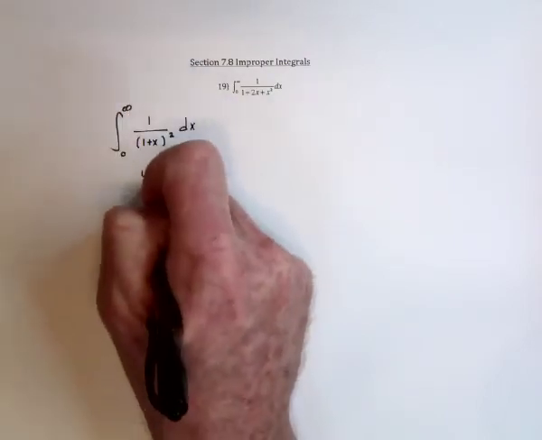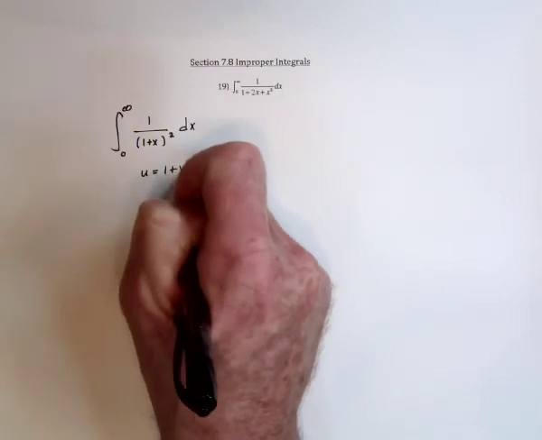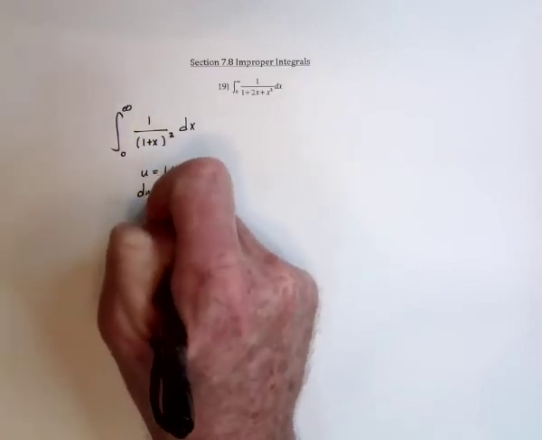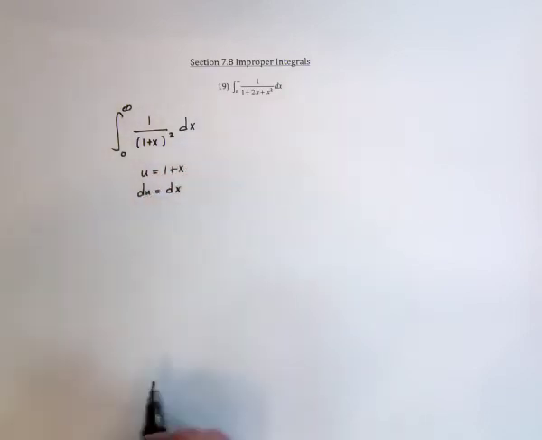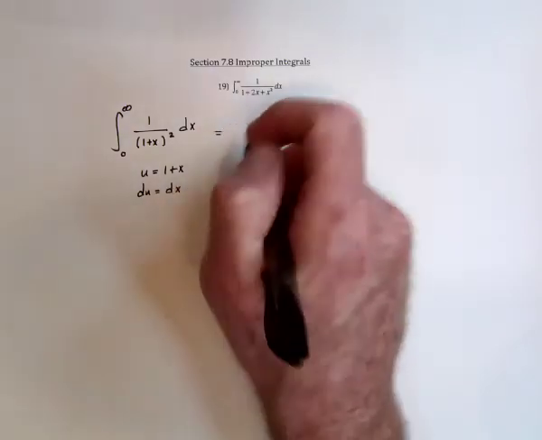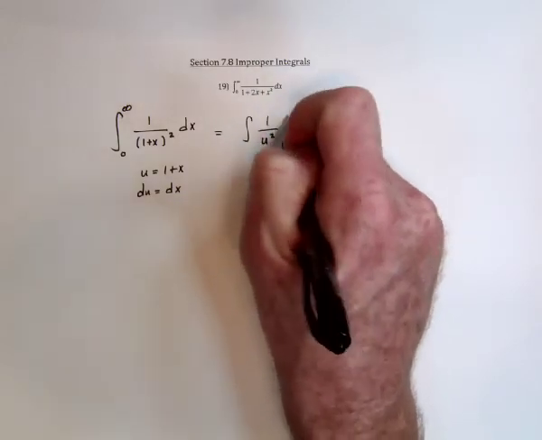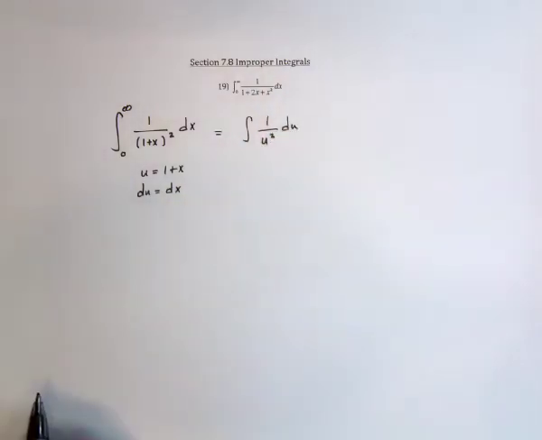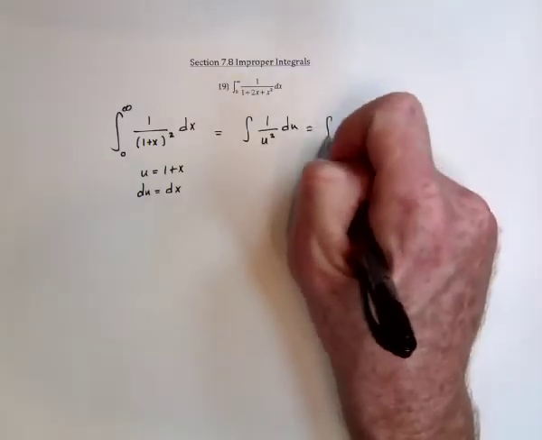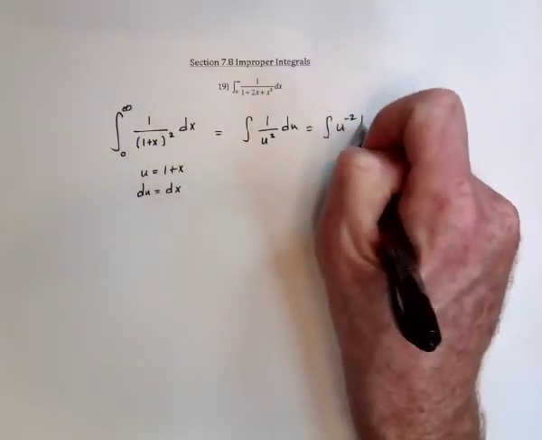So let u equal 1 plus x, then du is equal to dx. So this is simply going to be integrate 1 over u squared du. Or in other words, integrate u to the negative 2.